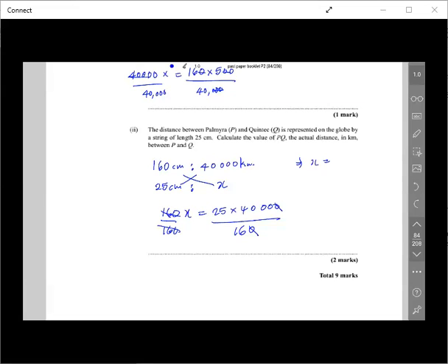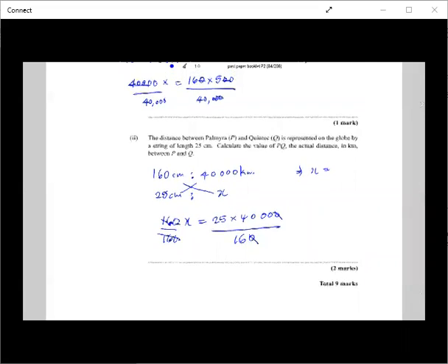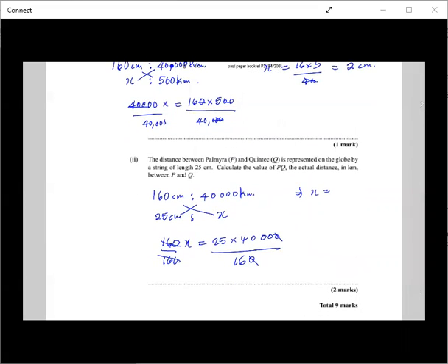So this is 25 times 4,000 divided by 16. The actual distance of 25 centimeters on the globe is 6,250 kilometers. Did anybody get this? 6,250 kilometers.